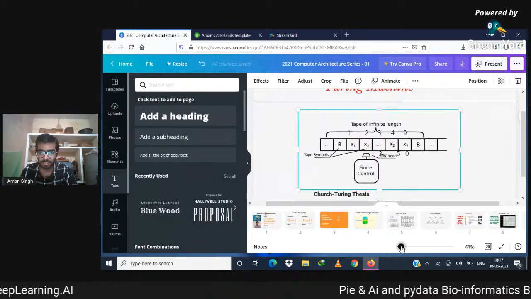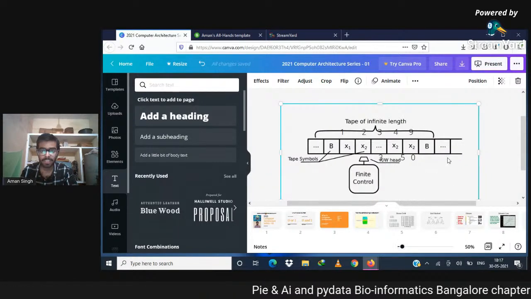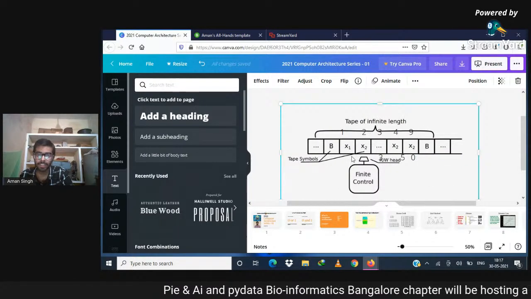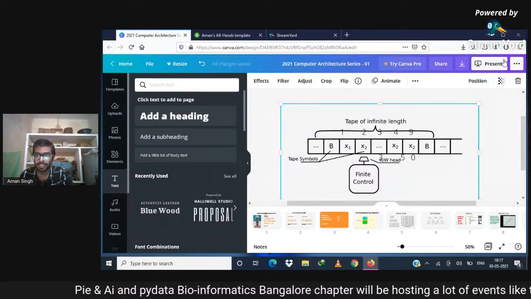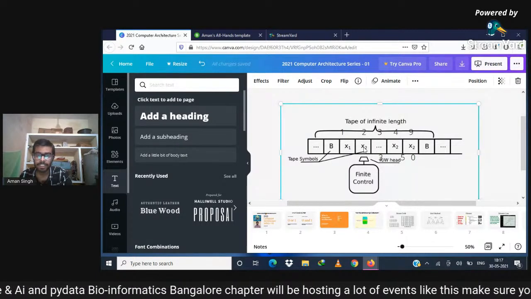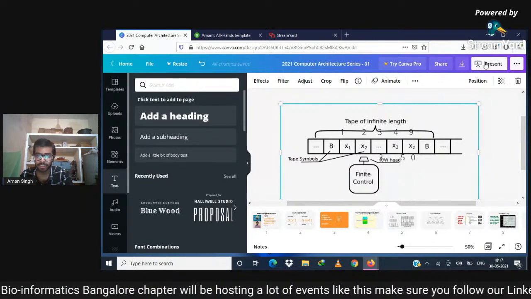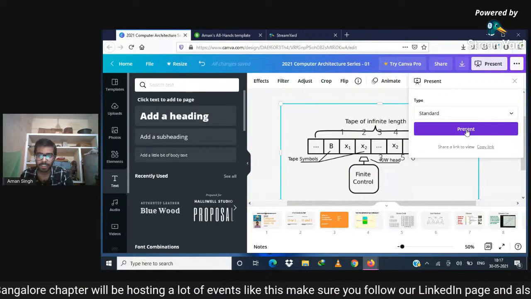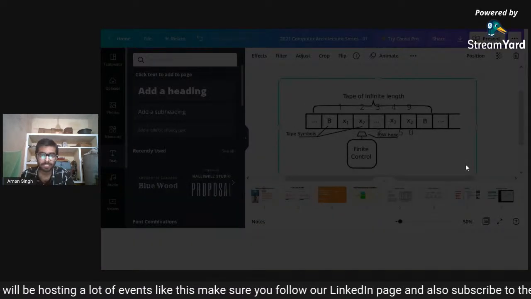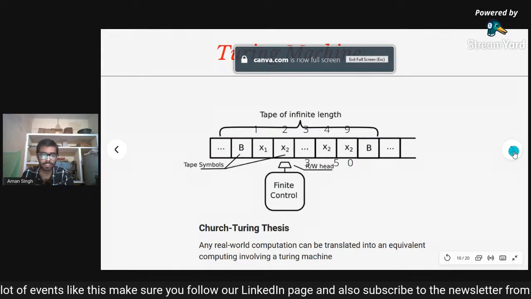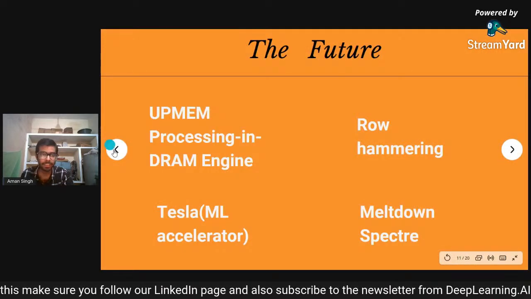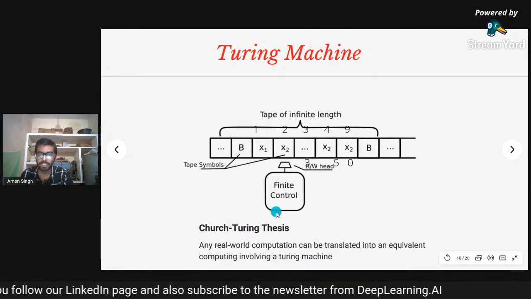This is a Turing machine which can solve any problem, as it was presented in that way. This thesis is not a theorem because it cannot be proved.